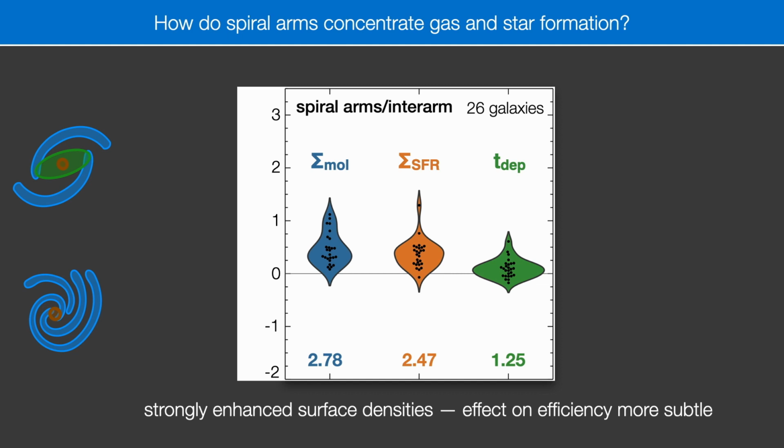than unity. And as we can see in this violin plot, many spiral galaxies have interarm values which are actually higher than those in the spiral arms, star formation efficiencies which are actually higher in the interarm than in the matched spirals.